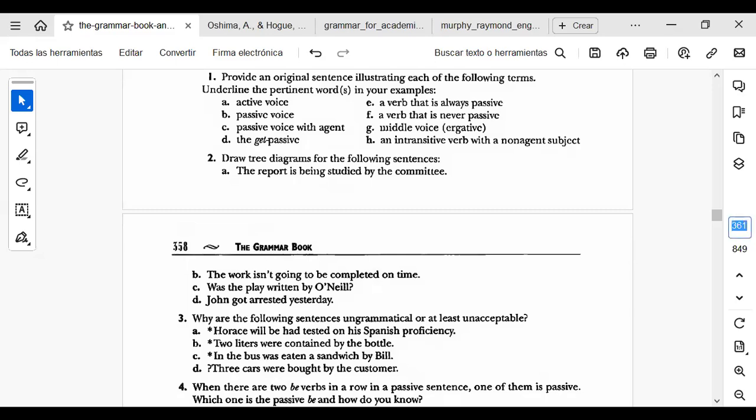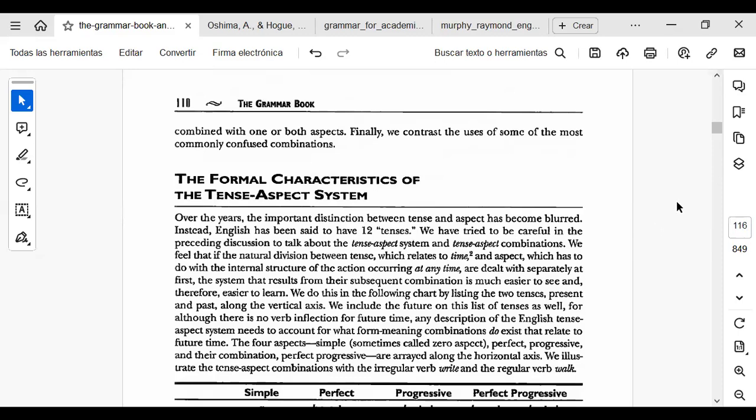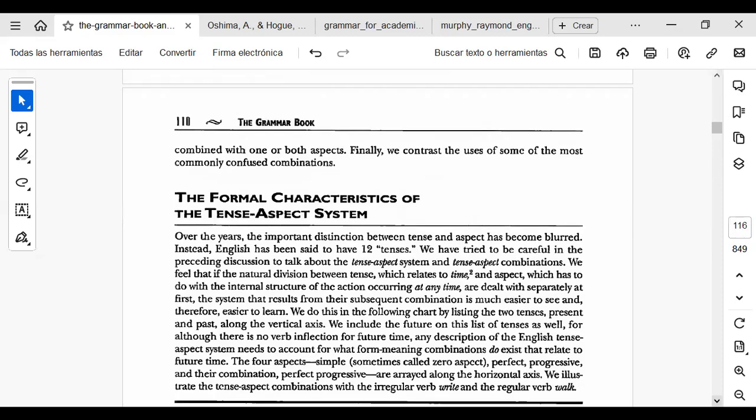In this book, we are going to review two things: grammar tenses and passive voice.